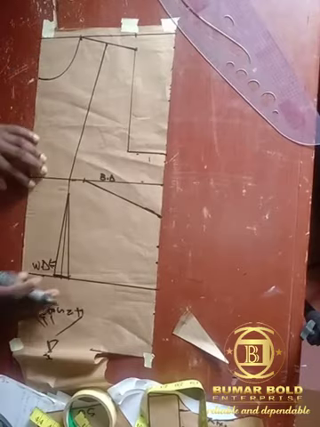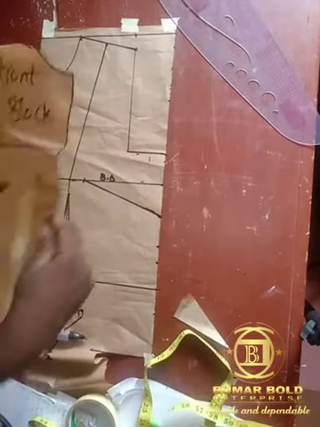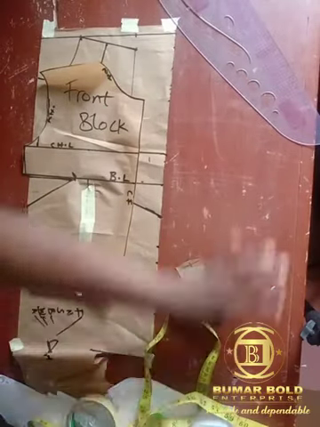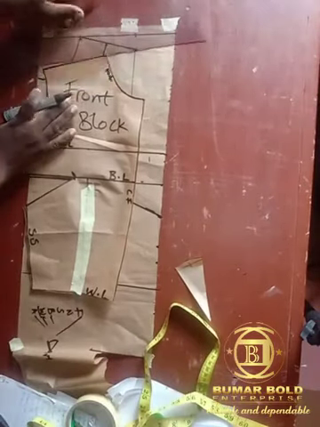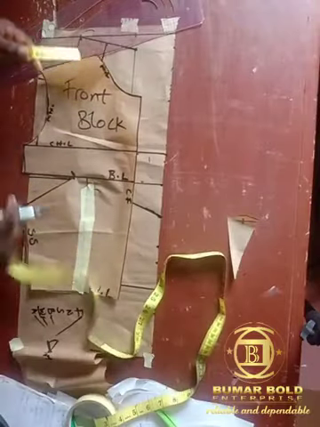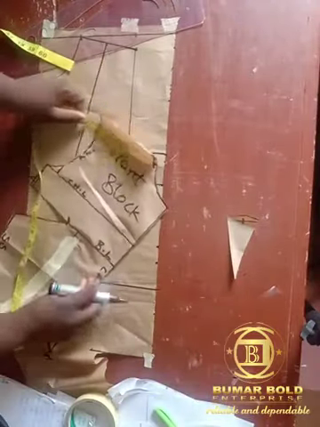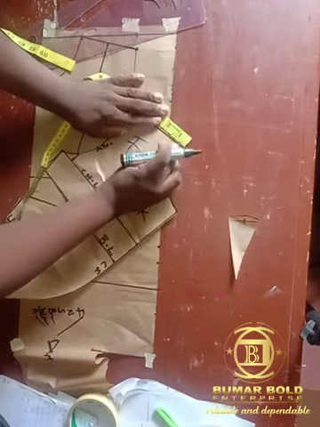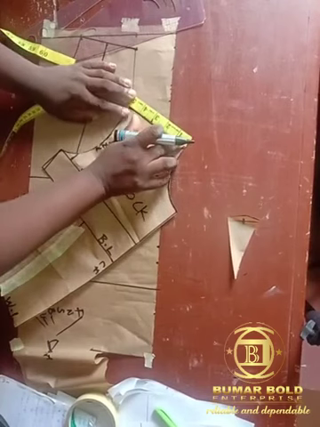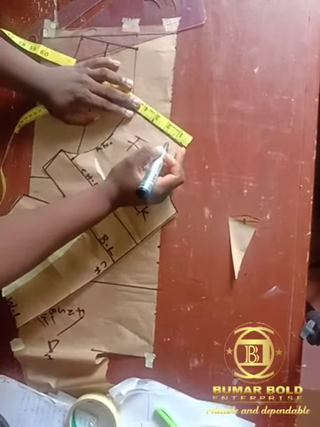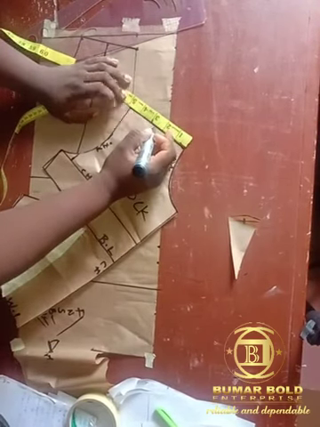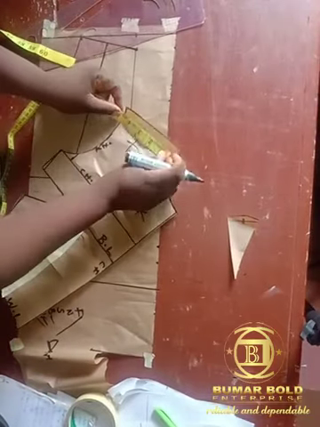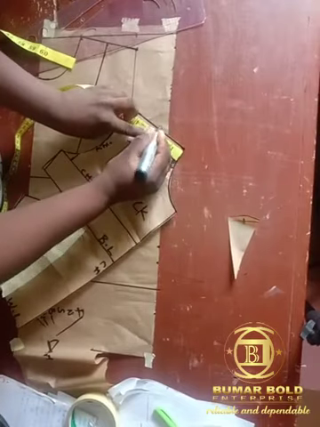So here now, let me use the same paper so that I can cut it out. Okay, the half of the front block. This is 4.75. I'll mark the half. This is it.